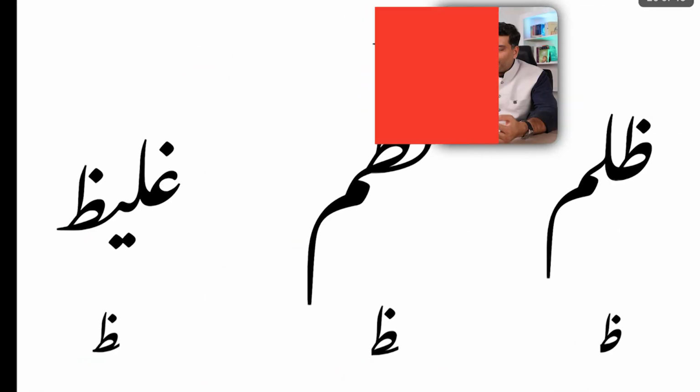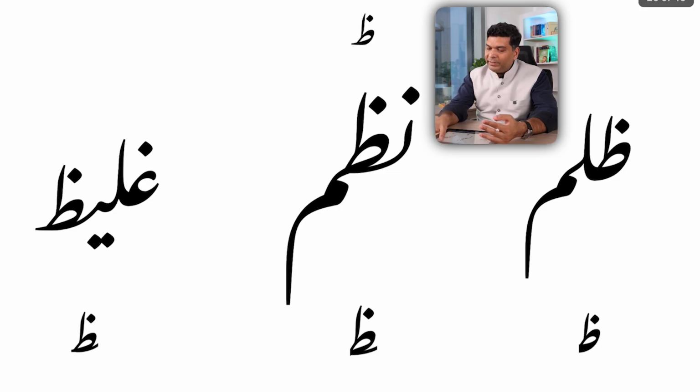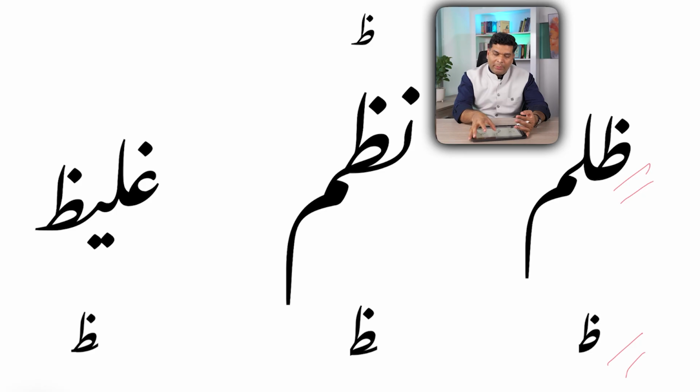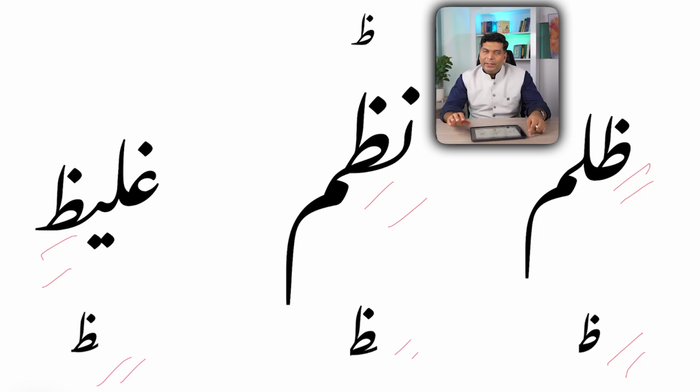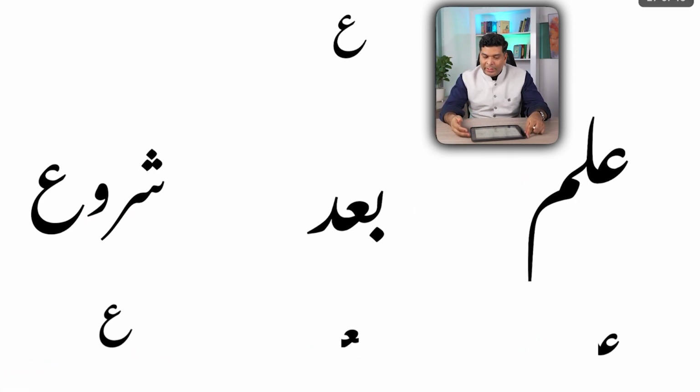The same logic applies to Zoe. Whether Zoe appears in the beginning as in Zulm, in the middle in Nazm, or in the end in Ghaliz, it maintains its shape all through. Right? So that's Toy and Zoe.